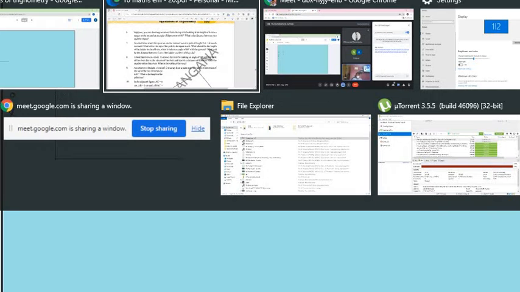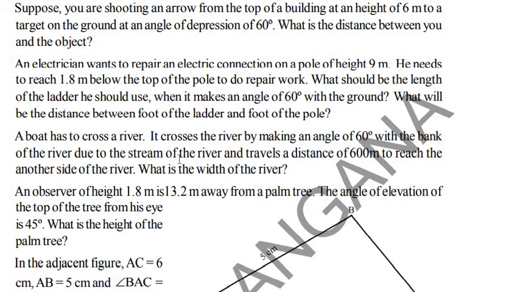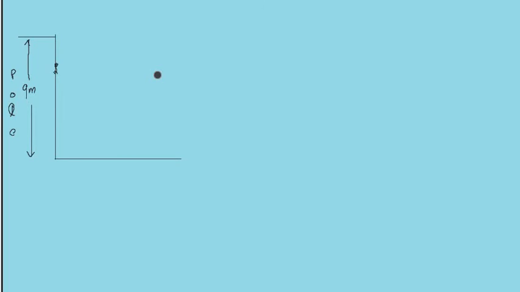Okay, what is the pole height given? 9 meter height. This total height is 9 meter. Clear? Okay. He needs to reach 1.8 meter below the top of the pole. Our concept is correct. He needs to reach 1.8 meter below the top. This is the top, right?